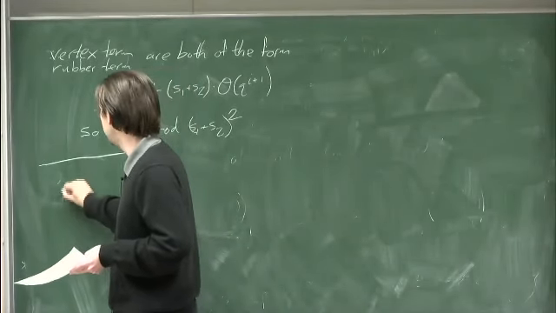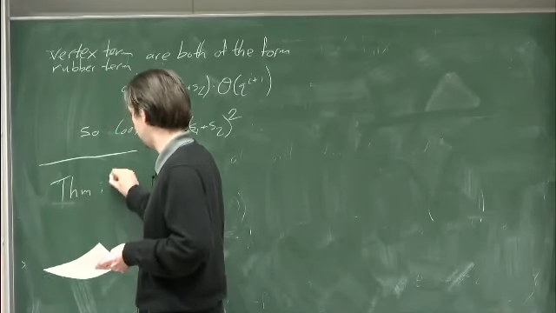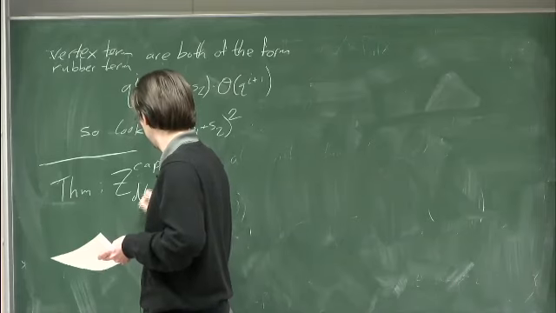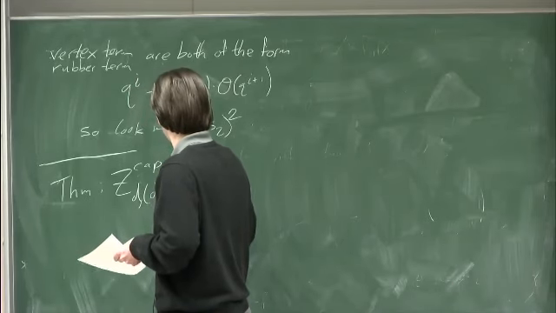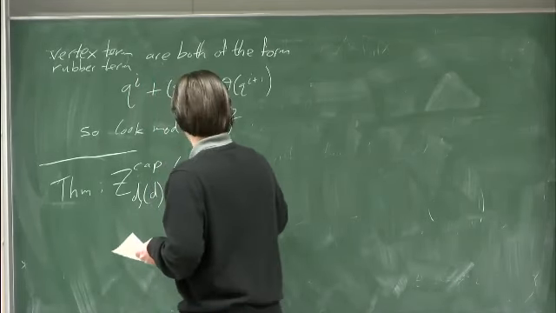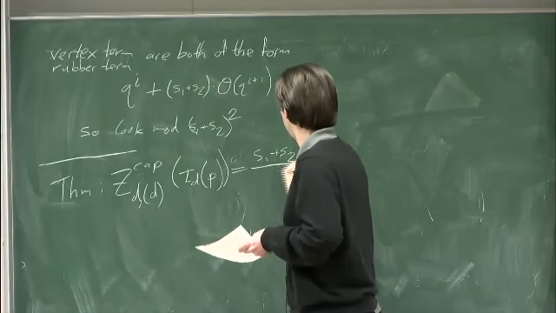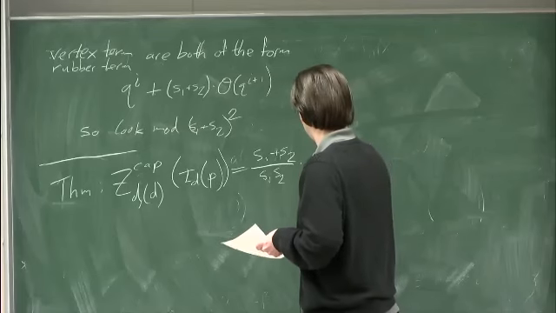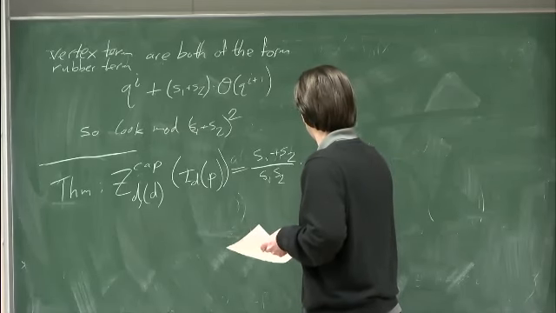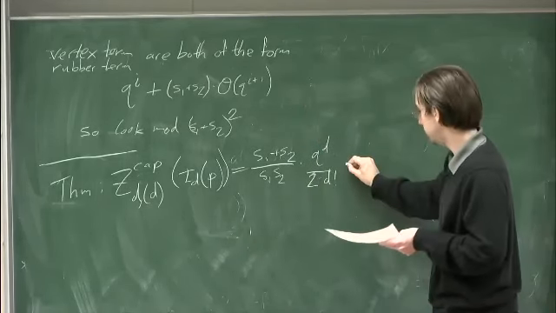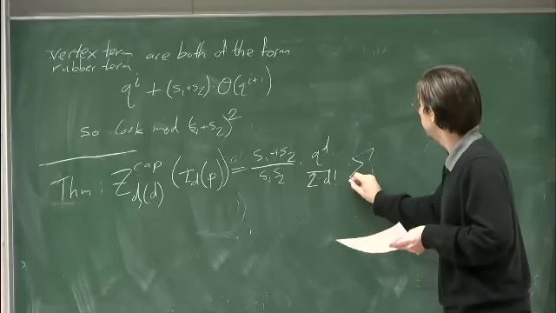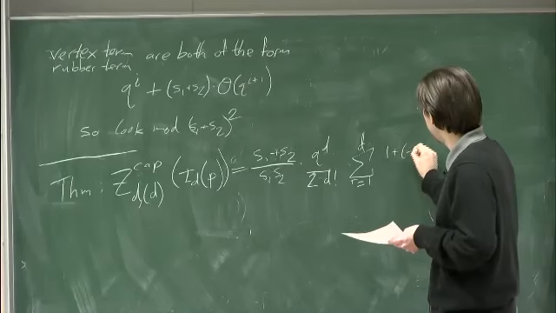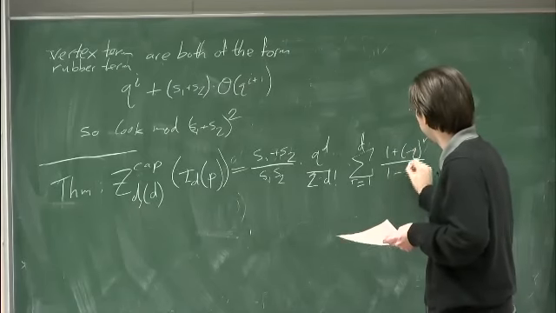So at the end, I'll just write out what this is. Some initial factors times a sum, r goes from 1 to d, of (1 plus q to the r) over (1 minus q to the r).